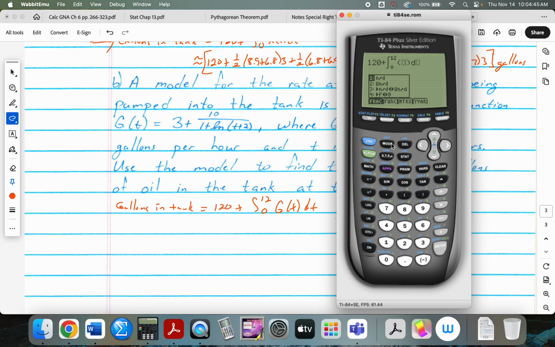I don't want to do that. Yeah, I'll fix it in a second. 3 plus this fraction, 10 over 1 plus the natural log of t plus 2, all with respect to x.